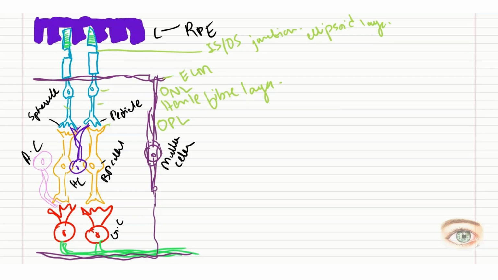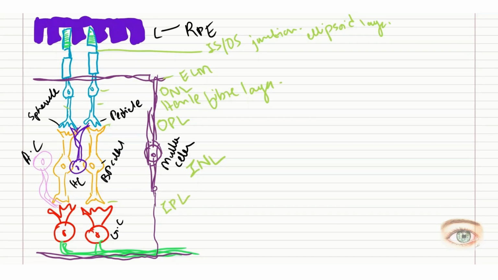This point over here, where there are many nuclei present, is called the inner nuclear layer. And this point over here, where all these nuclei are going to synapse with ganglion cells, is called the inner plexiform layer.